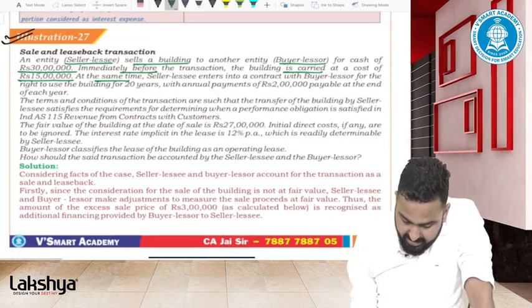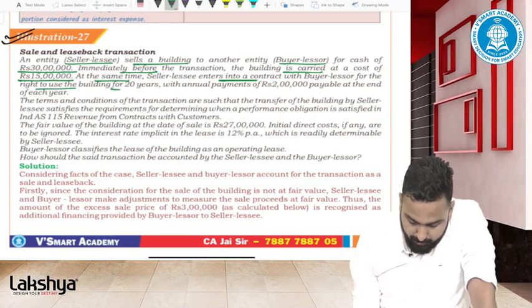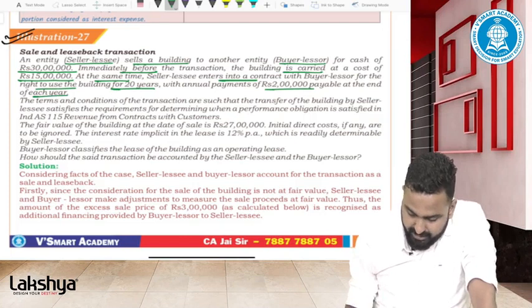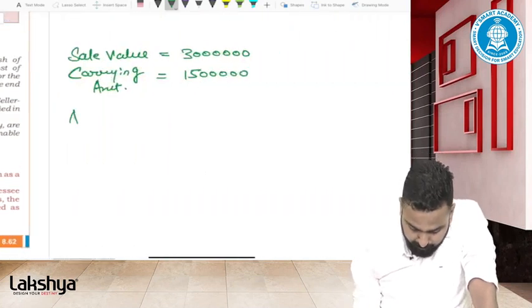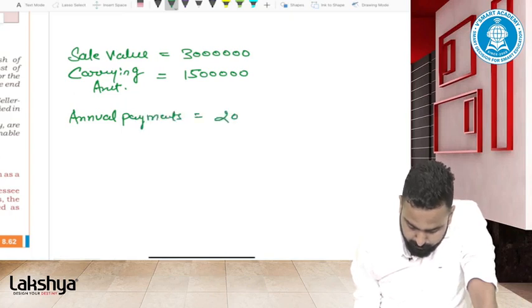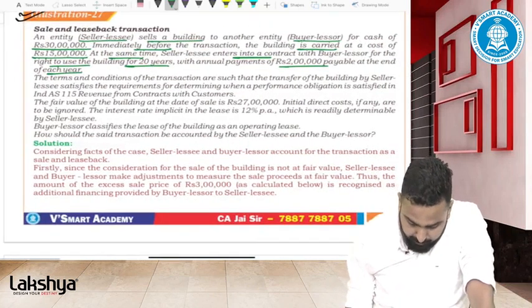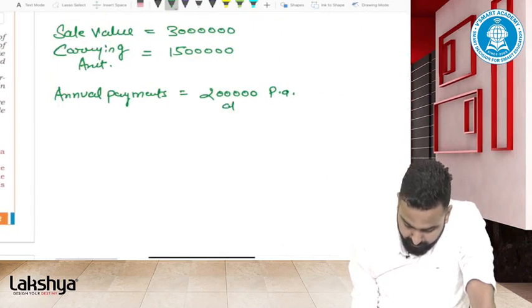At the same time, the seller lessee enters into a contract with the buyer for the right to use the building for 20 years with an annual payment of 2 lakh payable at the end of each year. Annual payments of 2 lakh per annum at the end.